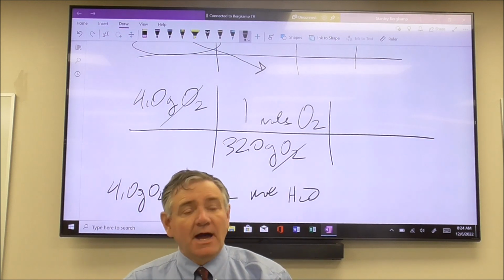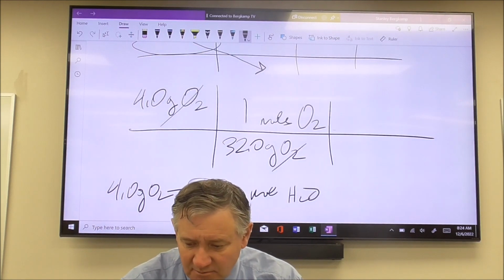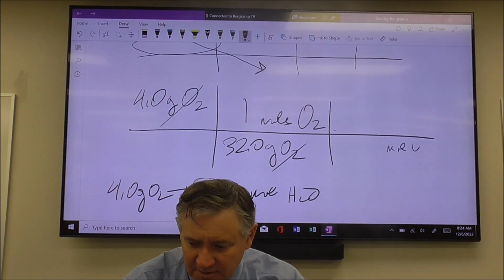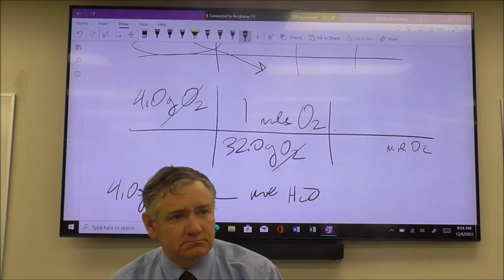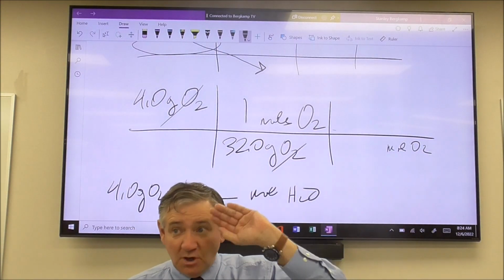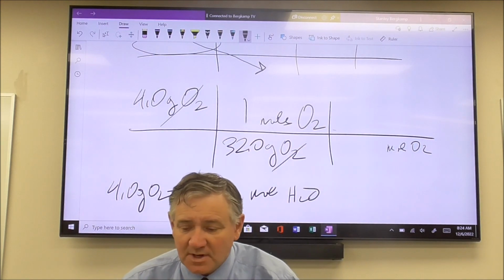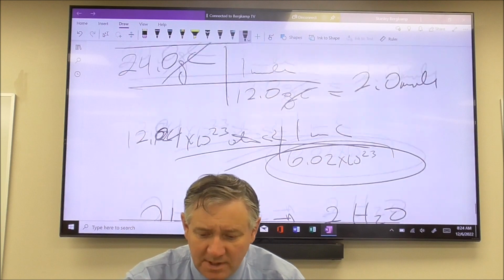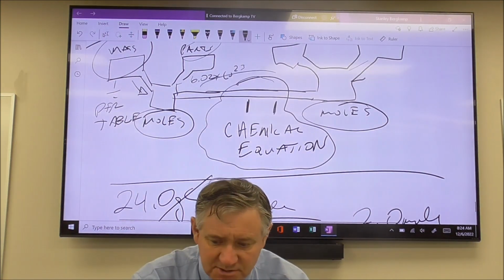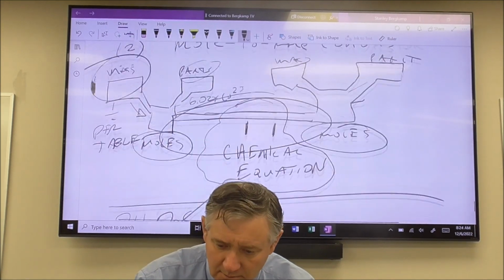Okay. Now, follow the sequence. I have moles of oxygen here, which means I'm going to put moles of oxygen down there. Okay? It's cool. It's the exact same process. No exceptions. Units, units, units, units. Boom, there you go. Now, at this point, I'm going to cross the bridge. I'm going to go to the chemical reaction. Oh, right.